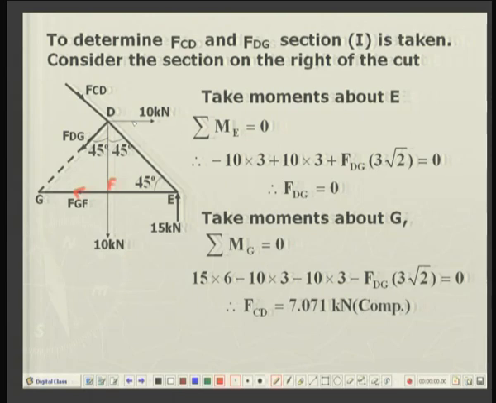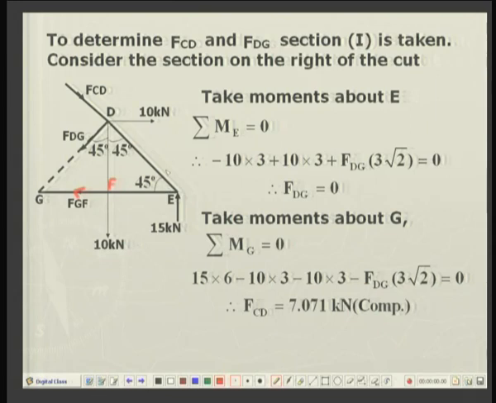Remember, in consideration of equilibrium, the choice of point O about which we take the moment is arbitrary. We can always select a suitable point about which we want to take the moment. So, whichever point can give me the solution most conveniently, I will choose that. So, I am choosing the point E to take moments, because all the unknown forces except one will have 0 moment over here.